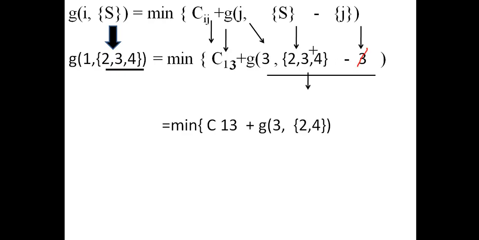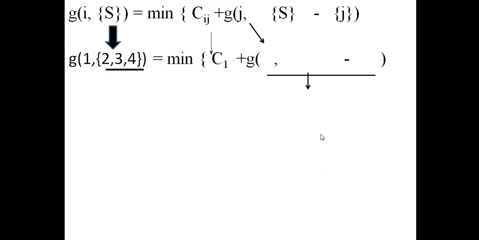So we have C of 1, 3, and we exclude 3 from S. The remaining are 2 and 4, so just write 2 and 4.